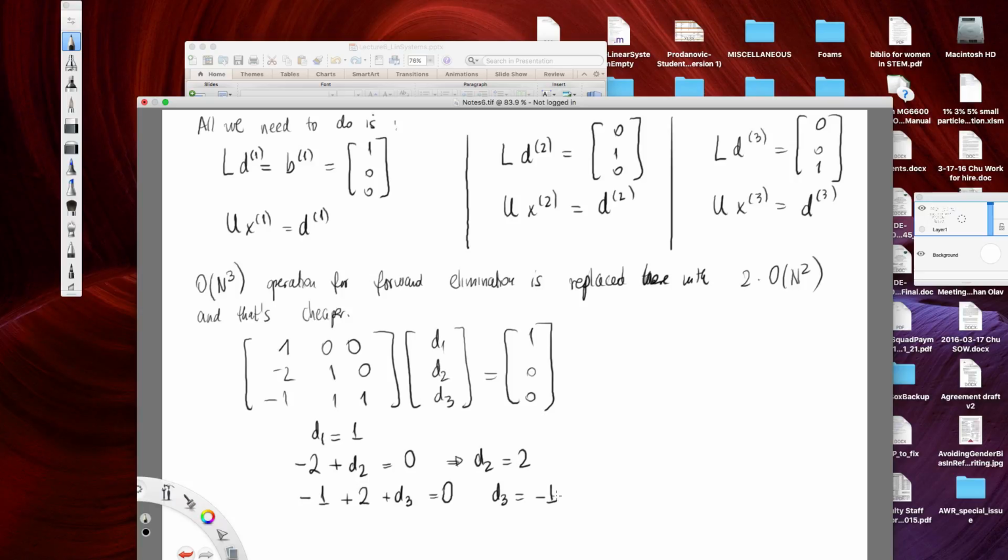So next, what am I solving for now? Now I'm actually going through UX equals this D that I found. U was, where's my U? Minus 3, 2, minus 1.